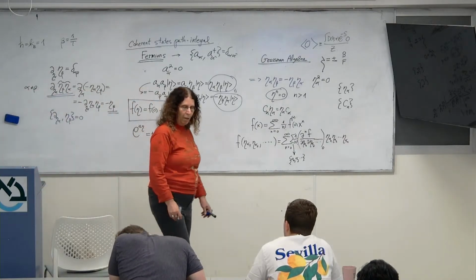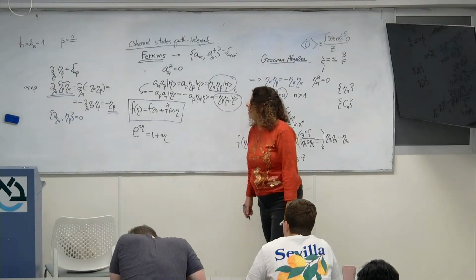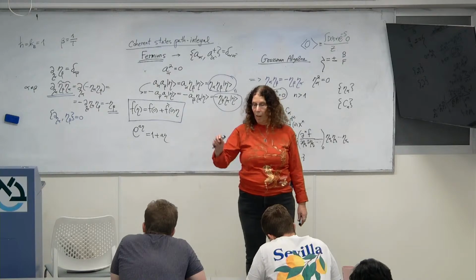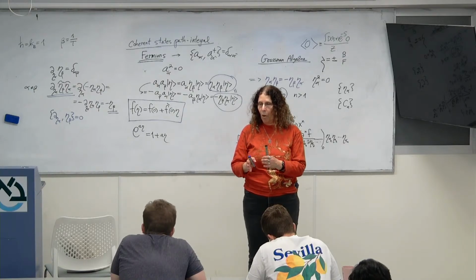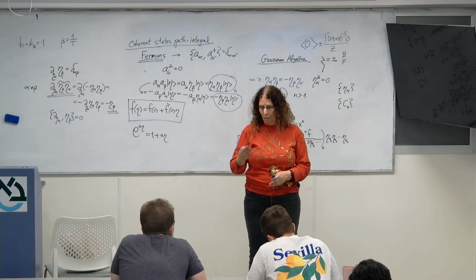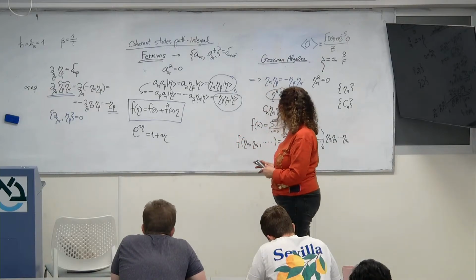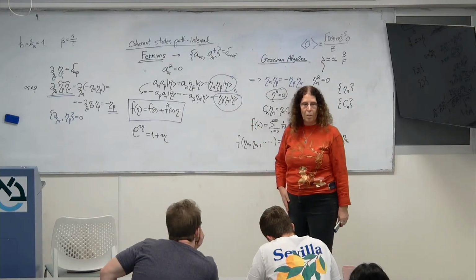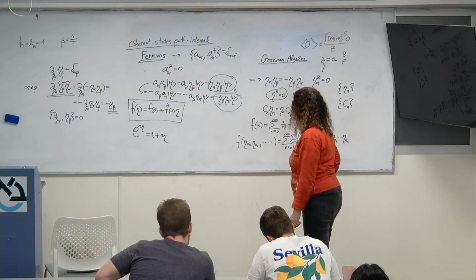So in short, any Grassmann variable or a derivative with respect to a Grassmann variable is odd. It is anti-commuting with the others.